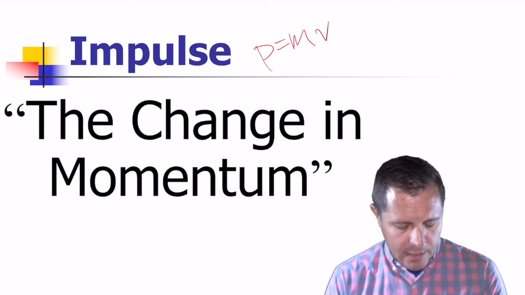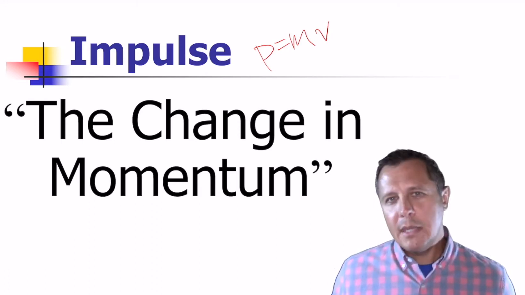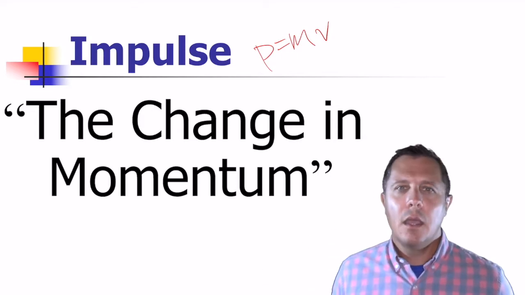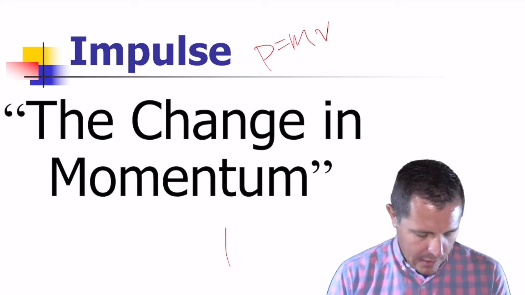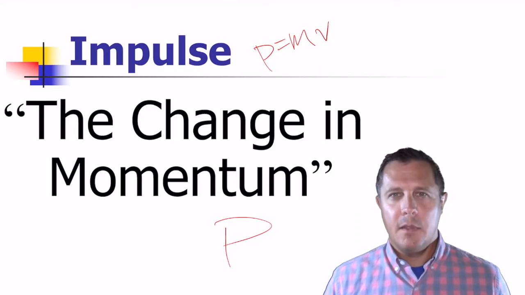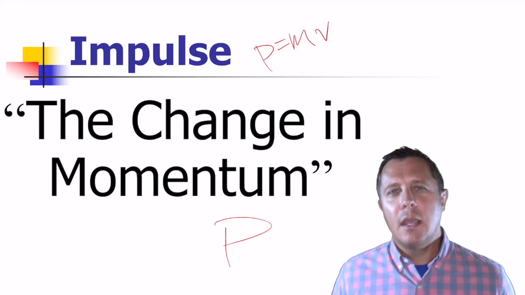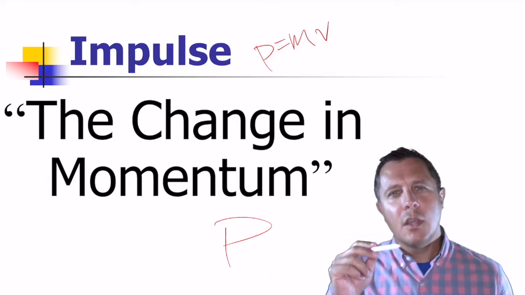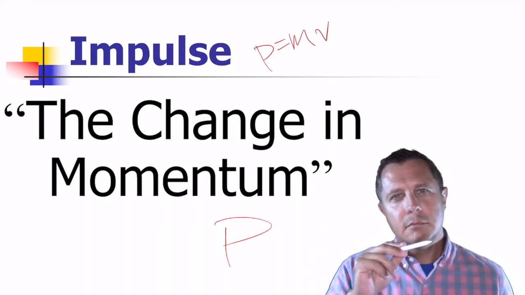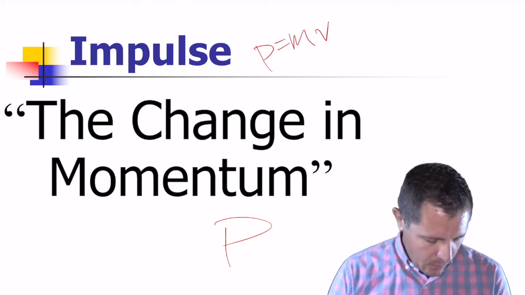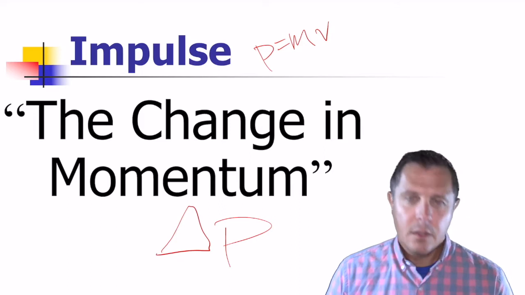Now, we've already been given this formula before, momentum, and we use the letter P for momentum. Even if you have not seen momentum yet, we are going to use the letter P for momentum. Now, think about chemistry class. Was there a symbol we used for the change in? Delta, or the triangle.